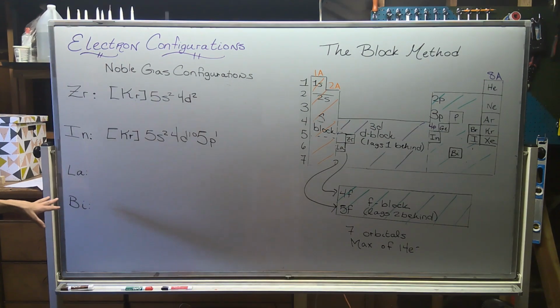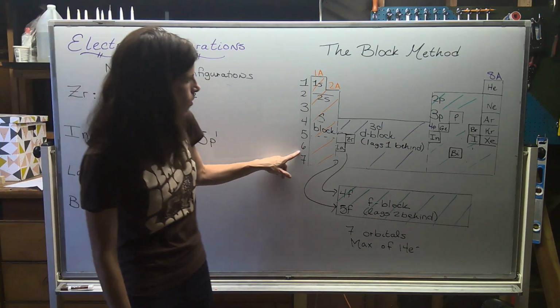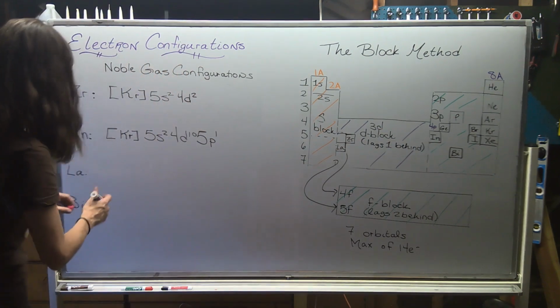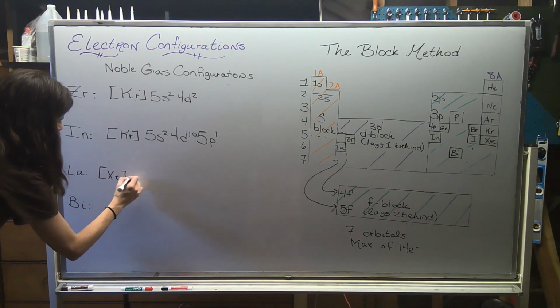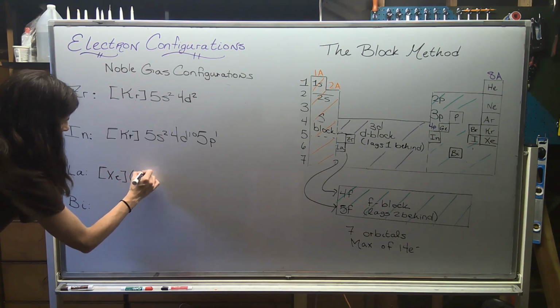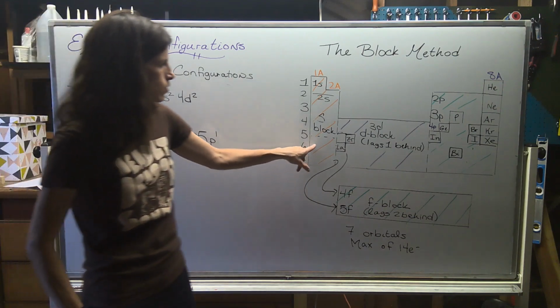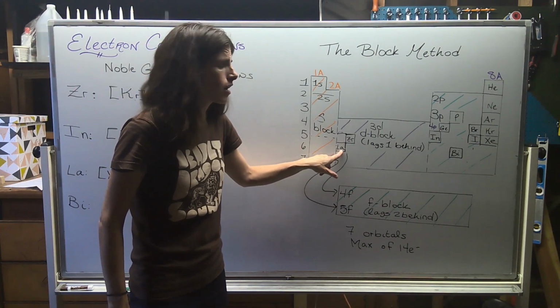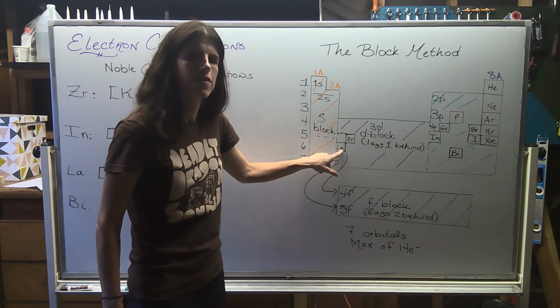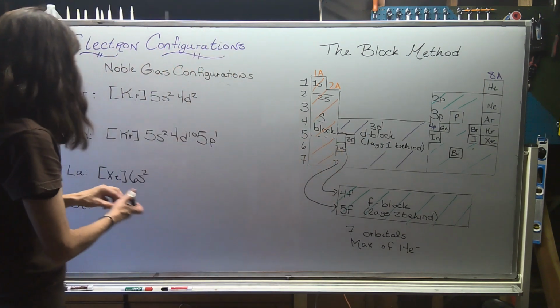A couple of examples where we start using the F block or come close to using the F block. So lanthanum is in the 6th row of the periodic table. I'm going to use xenon as my noble gas. And so 6s2 is gone, right? So we get 6s1, 6s2. This is a D block, so I'm at 5d1 with that.